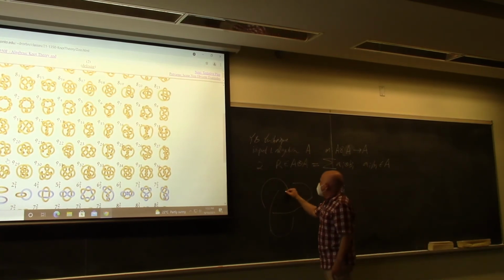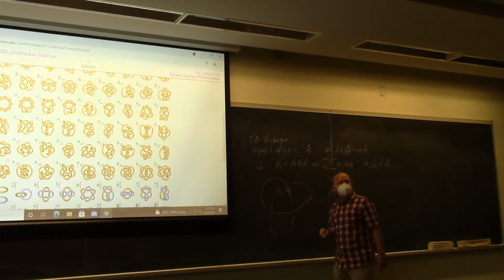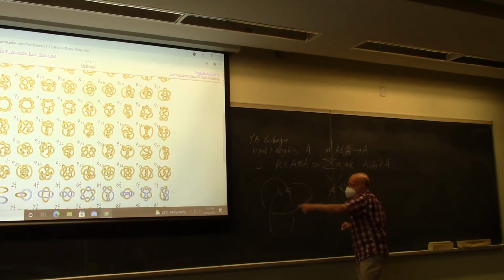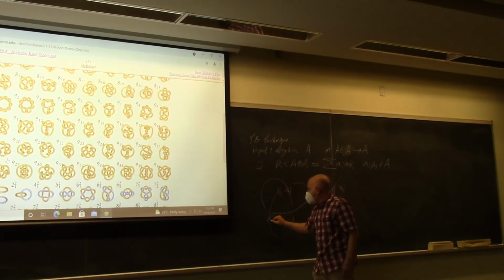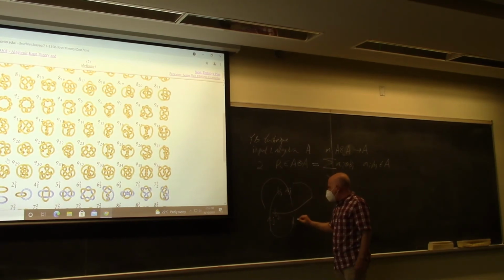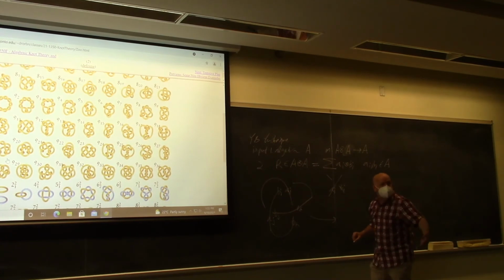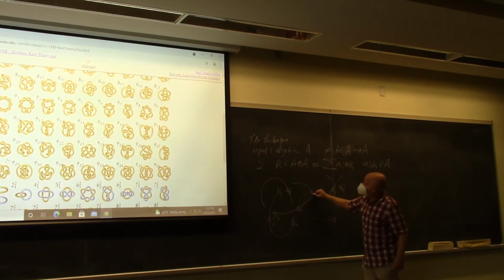So you'll have a_i here, b_i here, and I want to separate the different copies, so I use different indices. So you have a_j here, b_j here, and a_k here, b_k here. And now you turn this into a product in the algebra by starting somewhere along the knot and then multiplying.